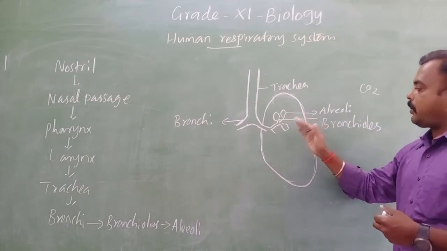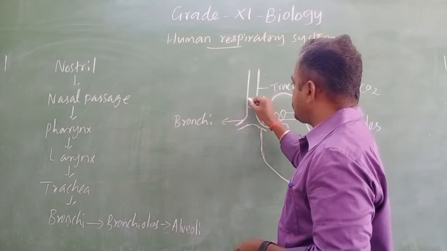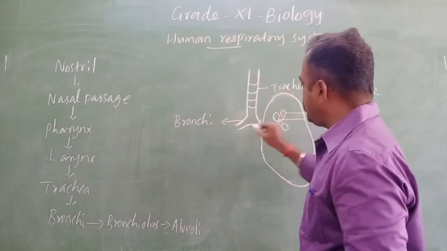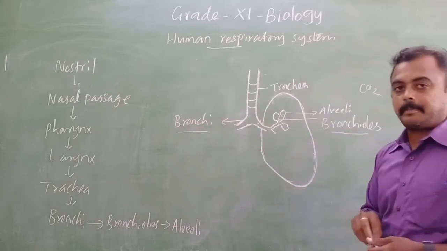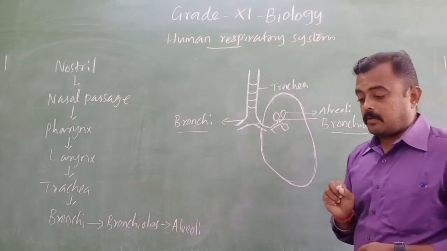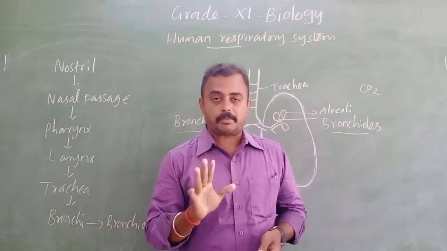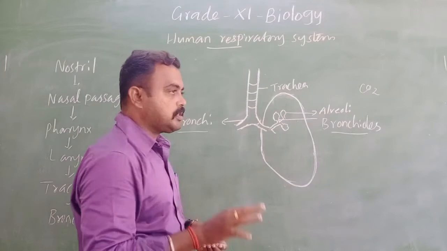So now we said bronchi, then bronchioles, alveoli. Here the cartilaginous rings are present in the trachea, in the bronchi, and in the bronchioles. Why are the cartilaginous rings present? So that the windpipe, the trachea, and the bronchioles should not collapse.